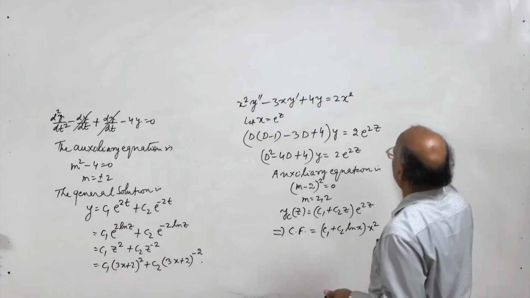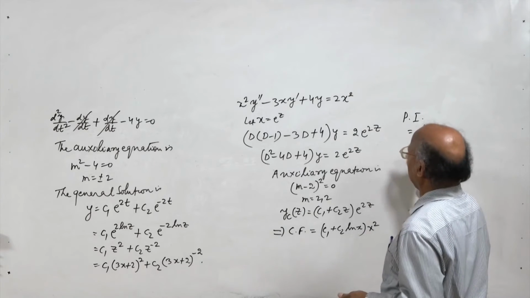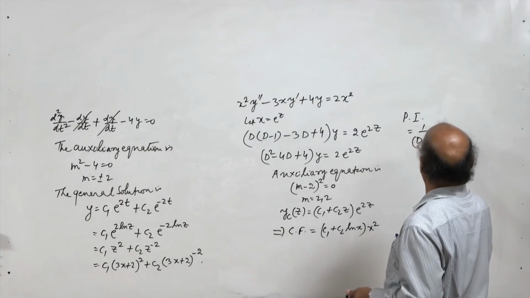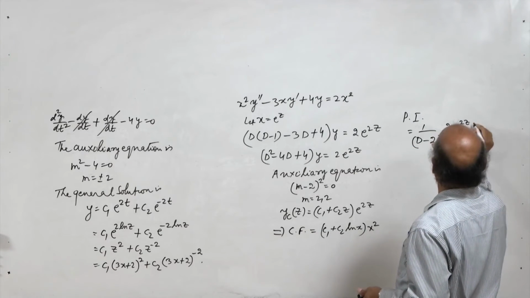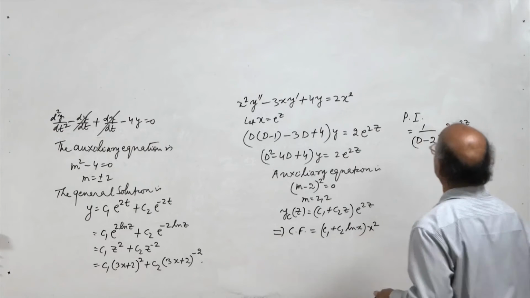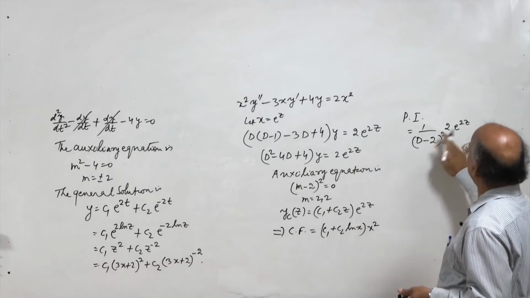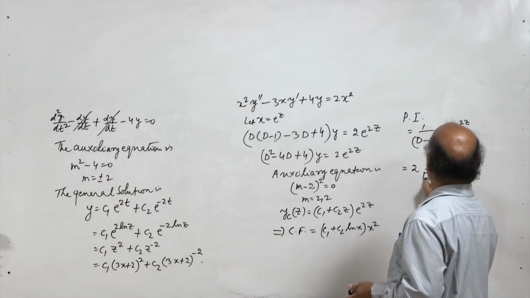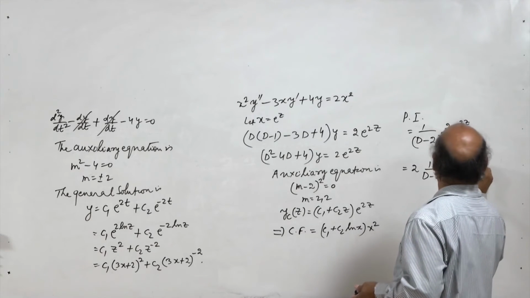So, this is the complementary function. Let us find the particular integral. So, the particular integral is 1 upon D minus 2 whole square operating on 2 times e to the power 2z. Now, 2 is a constant, we can write it outside the operator. For e to the power 2z, when you replace D by 2 here, it becomes 0. So, what we do is 2 times 1 over D minus 2 whole square operating on e to the power 2z.